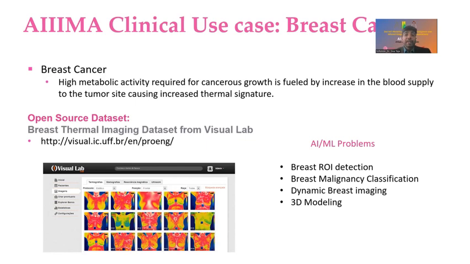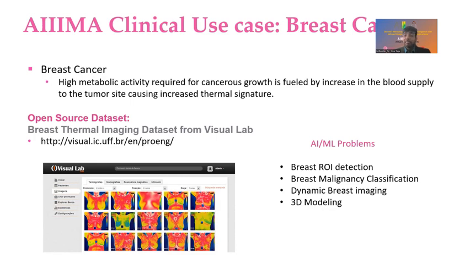If you want to start working in this area, there is an open source dataset called the breast thermal imaging dataset from Visual Lab, where you can see the breast images in their standard views as well as time series data. Using this, you can work on breast region of interest segmentation, that is identifying where the breast region in the image is, which is an ML problem, and classifying whether the image is malignant or not.